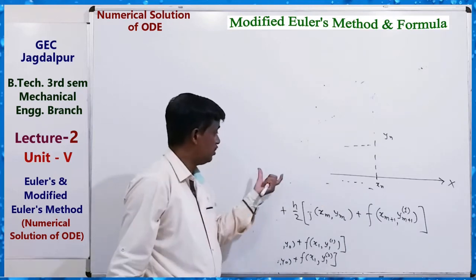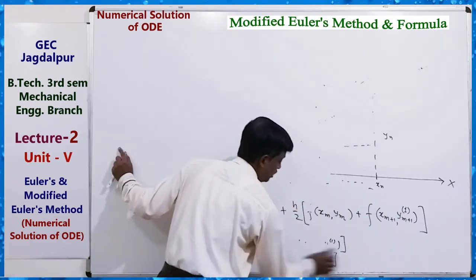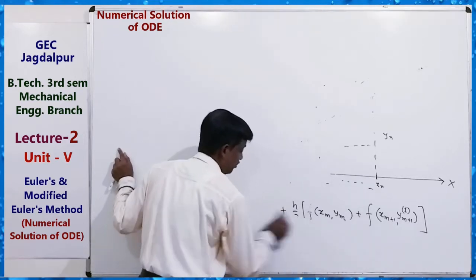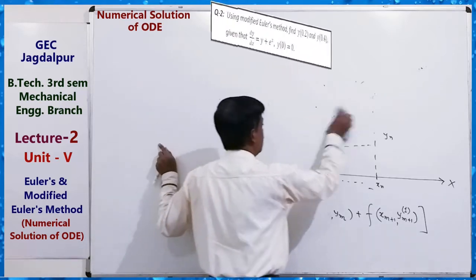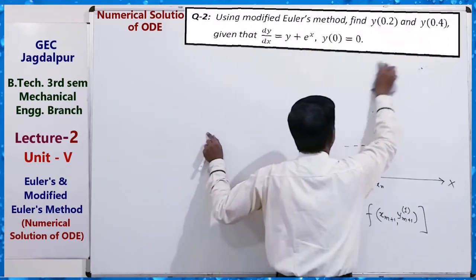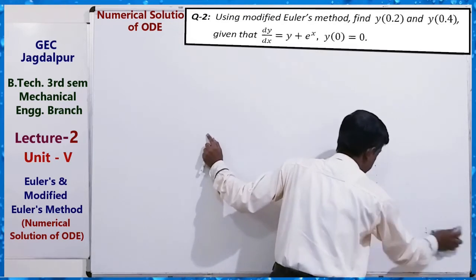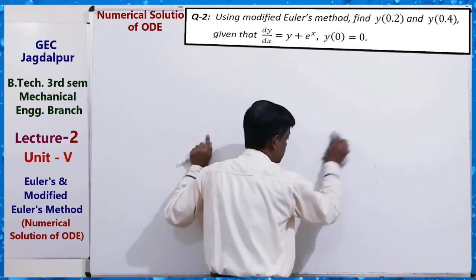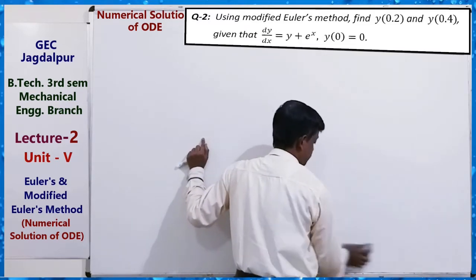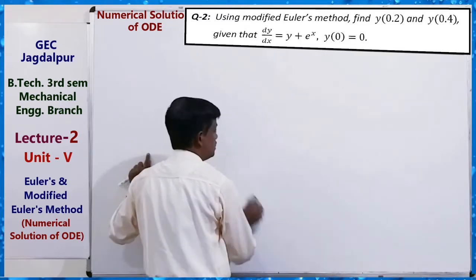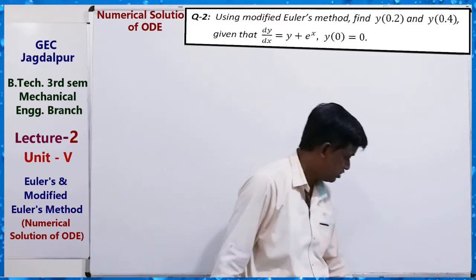How many intervals will there be? It depends on the value of h. h is the length of the interval, equal intervals. So for understanding that, let's consider some questions. First of all, we take a question for solving.